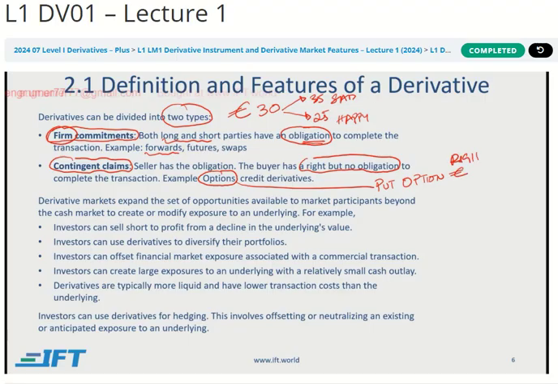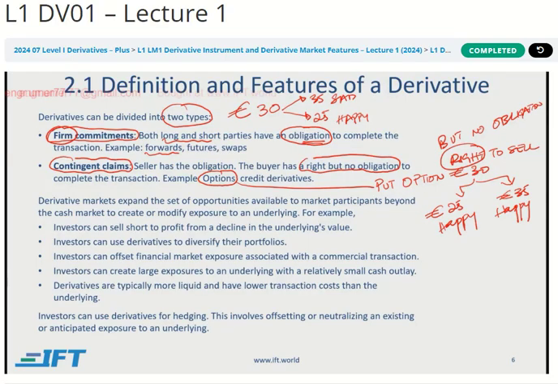So when they buy a put option, they have the right to sell this share for 30, but there is no obligation. So in the case that the share price goes to 25, they will be happy because they have the right to sell at a higher price. And in the case the share price goes to 35, then they will still be happy because they have a right but no obligation.